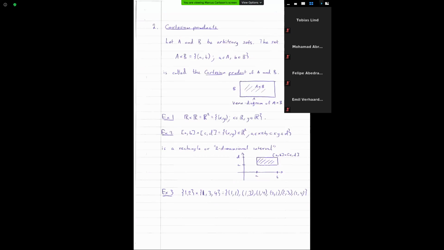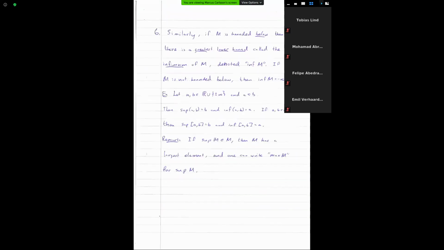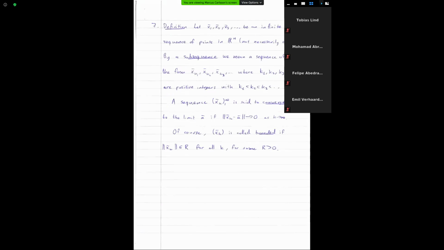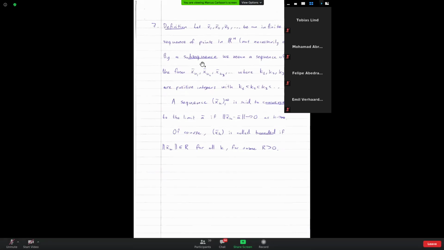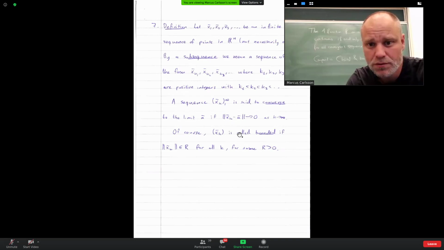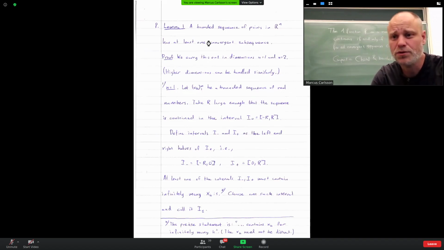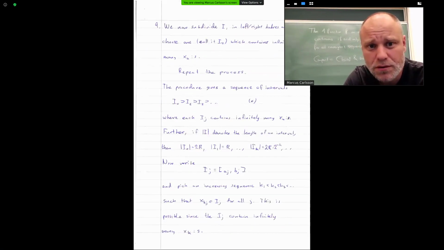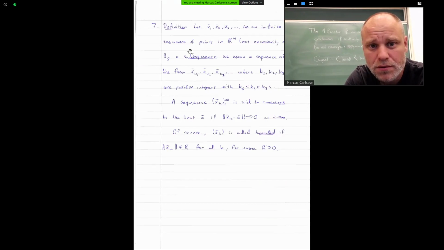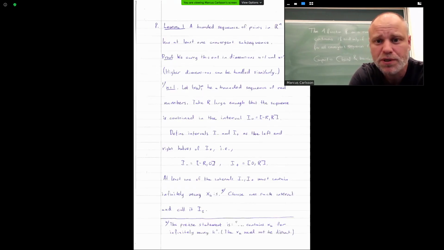Here is the definition of convergence, which I wrote on the blackboard. I have a problem moving up and down in my script here. All right, so lemma 1: a bounded sequence of points in Rn has at least one convergent subsequence.